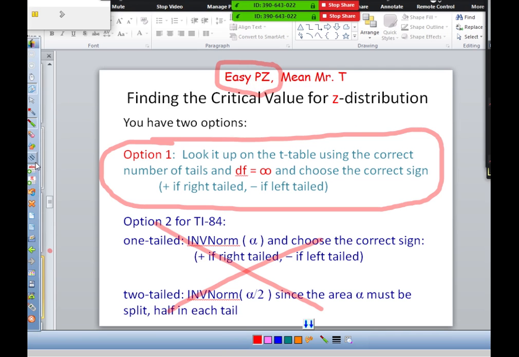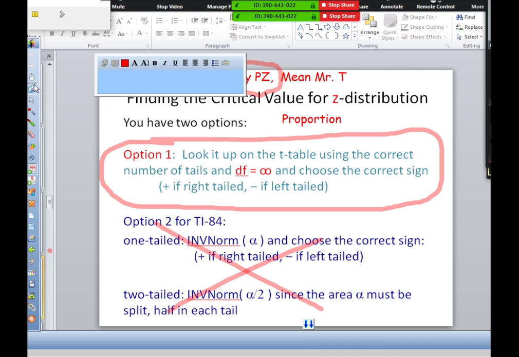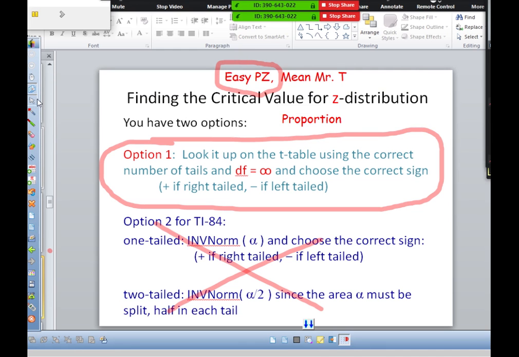So you're going to use a z-distribution when you have a proportion. And remember, a proportion is when your data is yeses and nos, when you're asking a yes/no question. Not what am I asking you, but what the researcher asked the people. Your data was yeses and nos versus your data being numbers.